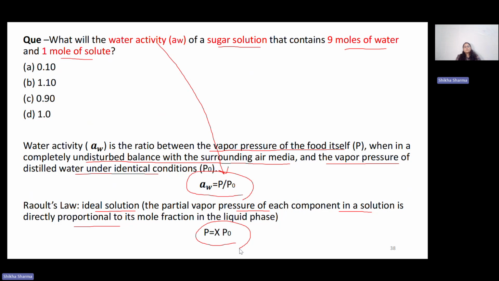When we are adding some of the solute, the vapor pressure changes, because the solute will occupy some of the space on the surface. So the partial vapor pressure also goes down when we are adding some of the solute.